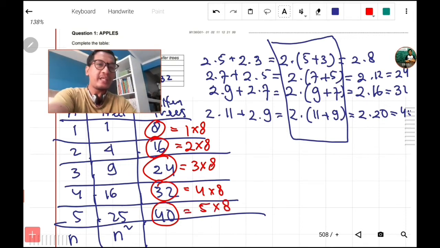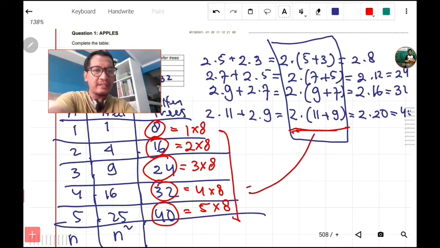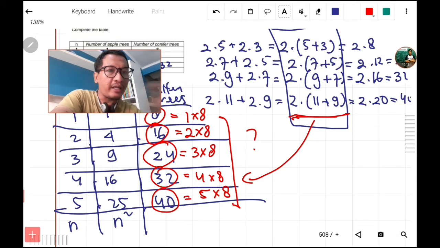Can we construct this pattern from the other pattern? It's interesting to explore. Let's explore.